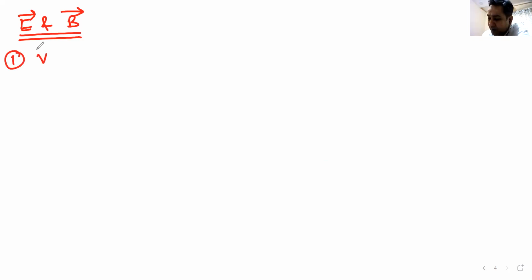Now let us come to the cases where these come together. Now I have the case where E and B both are present. We'll do it case by case. Case number 1, velocity V is parallel to E, which is parallel to B. What happens in this case?